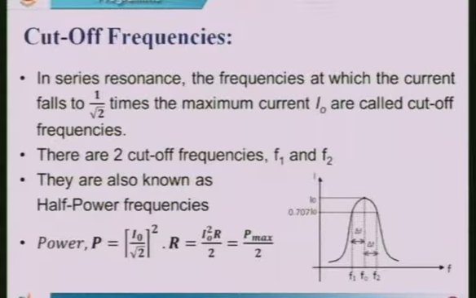These are also called the half power points, because in terms of magnitude it is 0.707 times the maximum value, but in terms of power it is half the maximum power. So these two frequencies at which the power is half the maximum, or at which the current is 0.707 times the maximum current, are called cutoff frequencies.